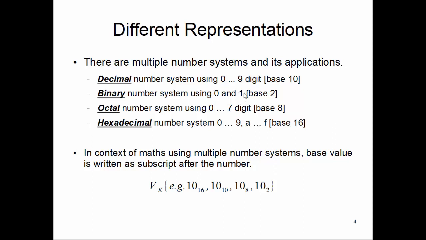From a mathematics point of view, this number system is base 2 because there are two symbols. We use hexadecimal to represent the same value as represented in binary in a much more compact form, using 16 symbols.